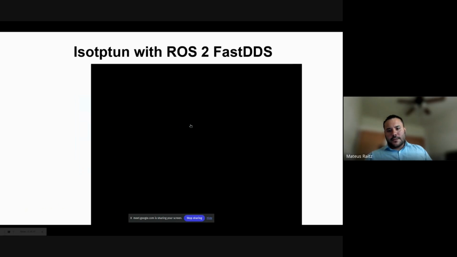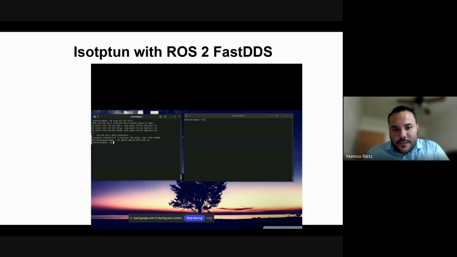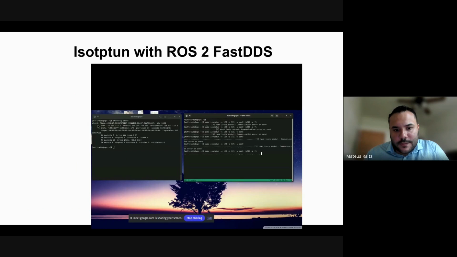I tried to see if ROS2 will work between them, and I disabled Wi-Fi on my desktop computer. See here, I'm pinging the Pi through the CAN Ethernet interface, the CAN network interface. This is the interface called C tunnel 0.